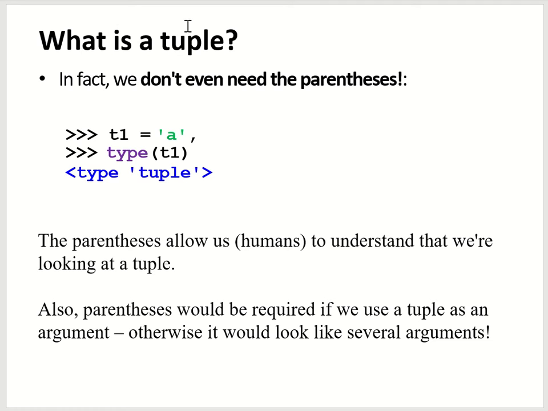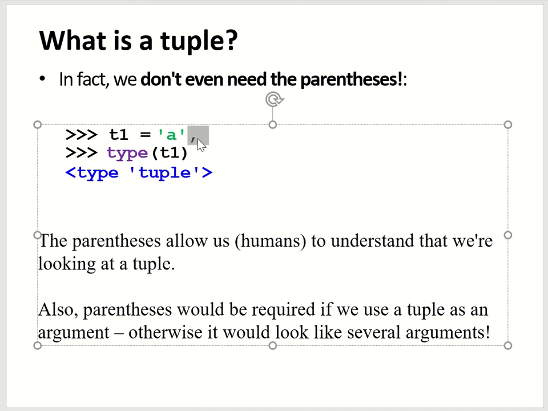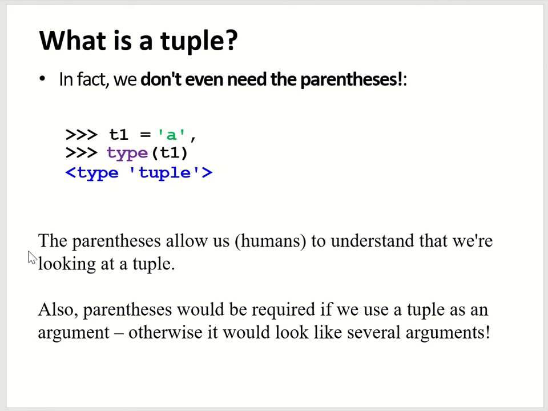And in fact, in terms of the syntax or format, how you write tuples, the parentheses aren't really needed. You just need to separate your values by commas. And if it's a single value, trail it with a comma. So the parentheses are there to help us understand we're looking at a tuple.